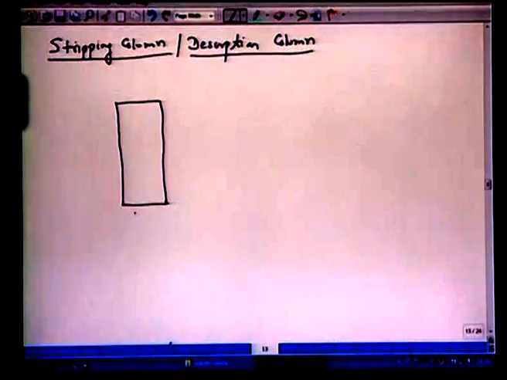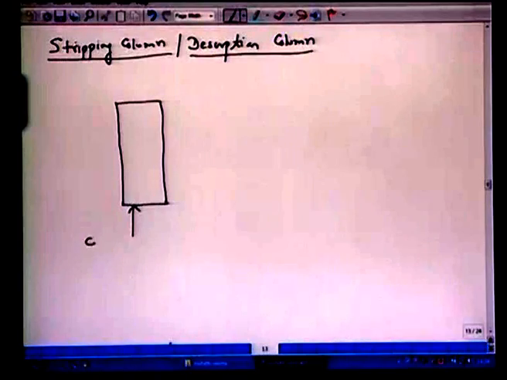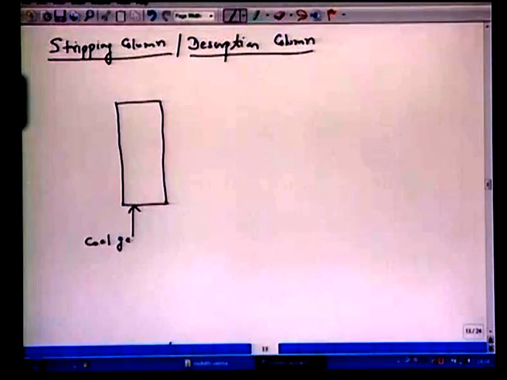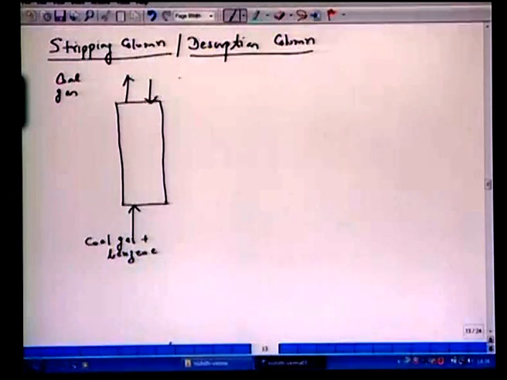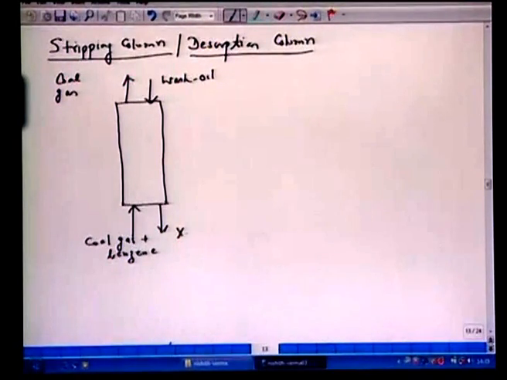So what we had here, we had the coal gas which contained benzene, and this gas was cleaned with wash oil. So we had wash oil, and here the concentration x1 which we calculated was 0.119.